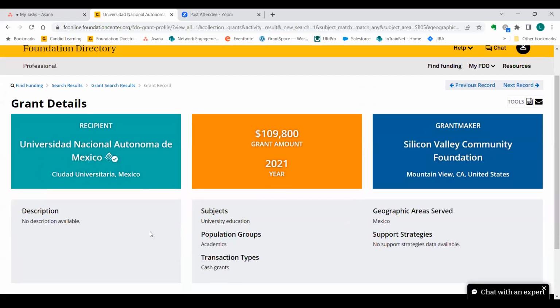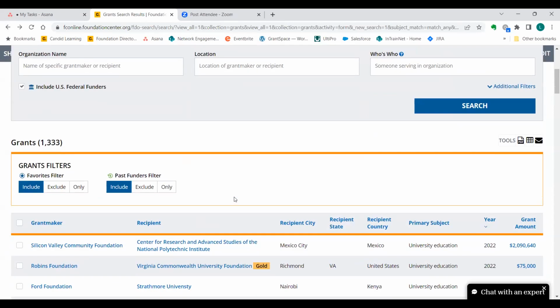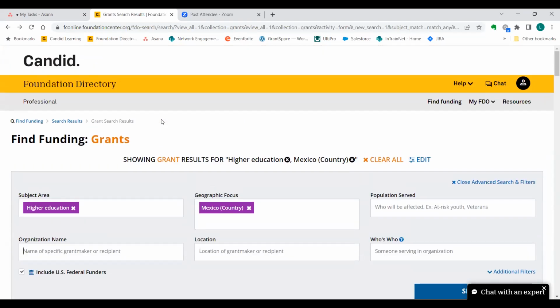Now this one doesn't have a description, but sometimes there'll be a specific description of the grant there. That's a detail you won't find in FDO Essential. You'll only find that in this professional version, which is available at the BPP locations.